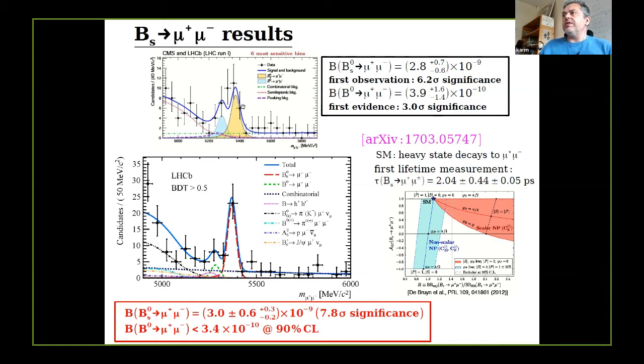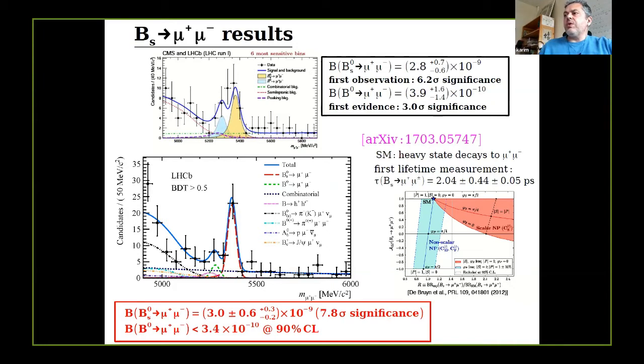At first it was a combination, and you will probably hear later about the CMS result on this, but just to show that as a single experiment, you reach 10⁻⁹. It's probably one of the lowest branching ratios measured for any decay in the B sector, but with a strong, very clear observation.